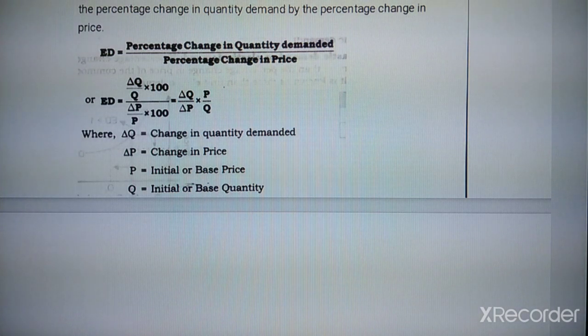So we express price elasticity of demand only in terms of its magnitude, meaning its value. Like if the mathematical value is -3, we take it as 3. So we say that the price elasticity of demand is 3. Got it?